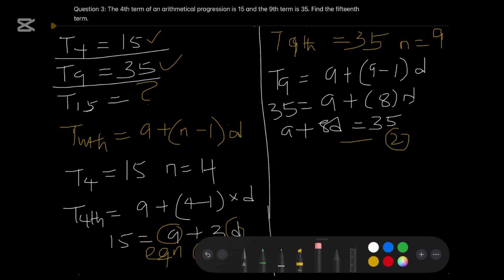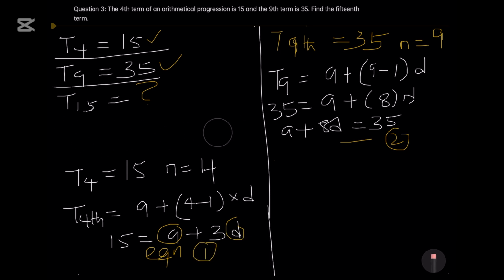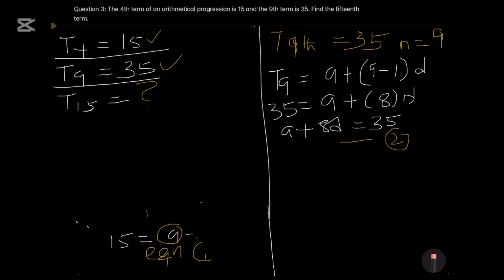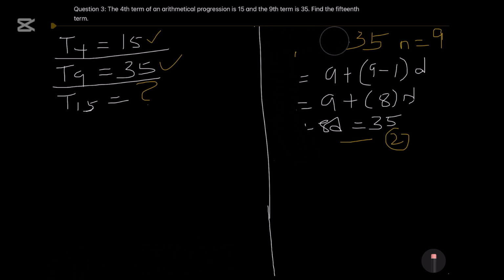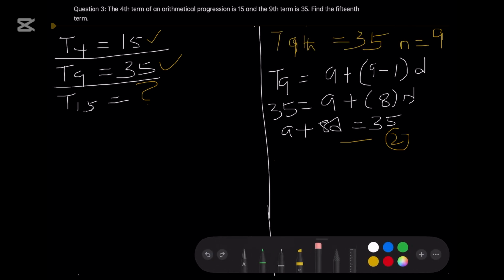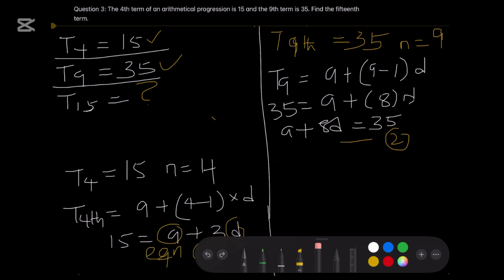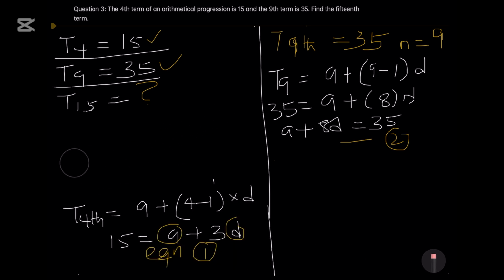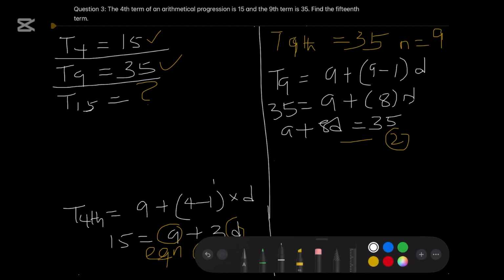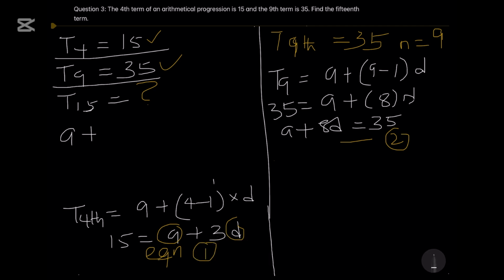So let's go. We already have our equation 1: A plus 3D is equal to 15.